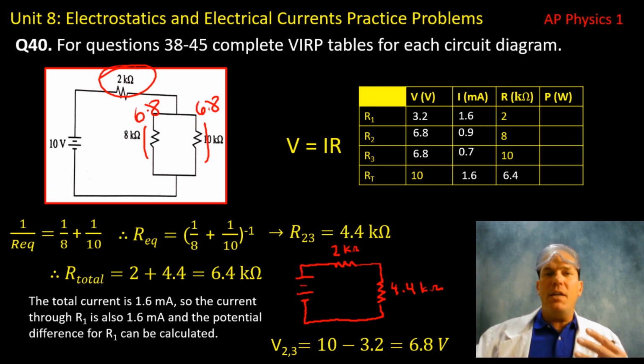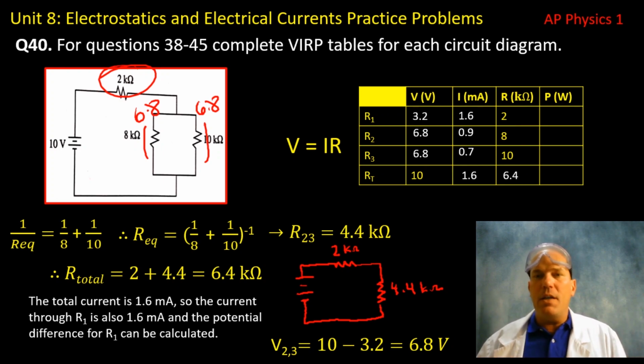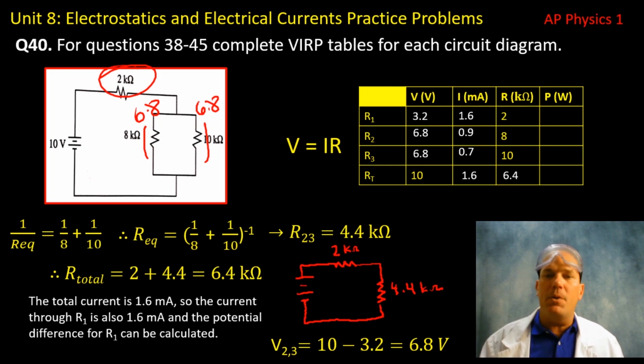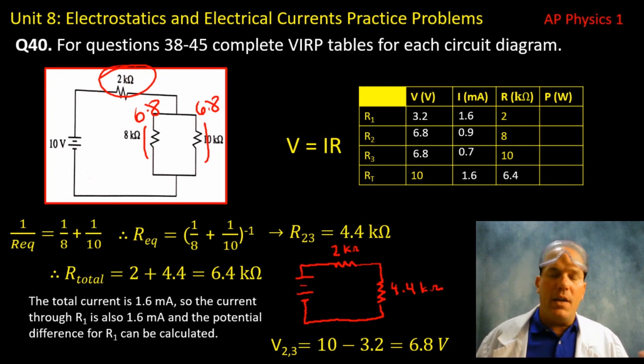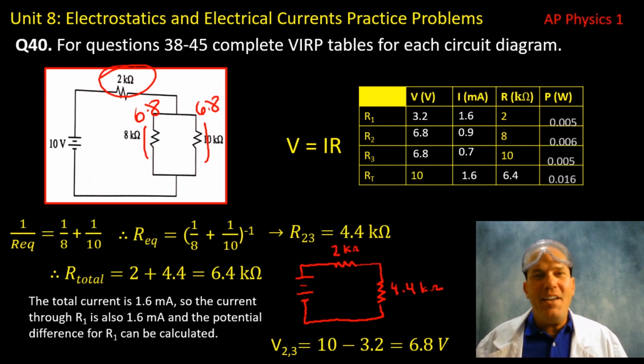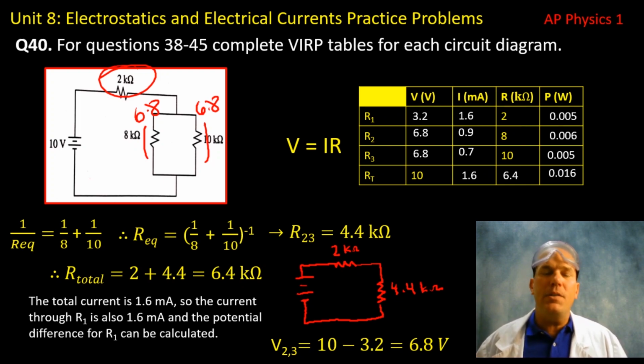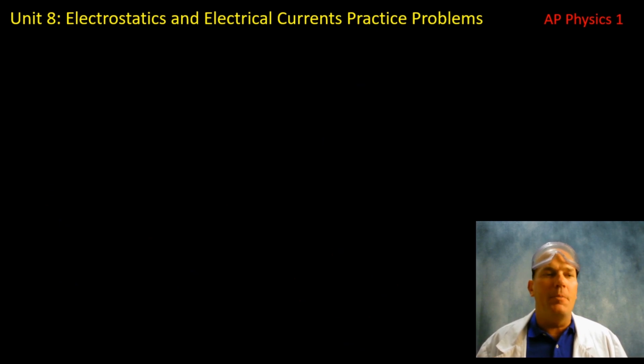Am I looking at the drops across parallel components separately from series components? 3.2 plus 6.8 gives me my 10, and that is Kirchhoff's loop rule, which is an application of the conservation of energy. Next, you can calculate the power dissipated by the individual components along with the total power dissipated by the circuit, and that'll give you a complete VERP table.